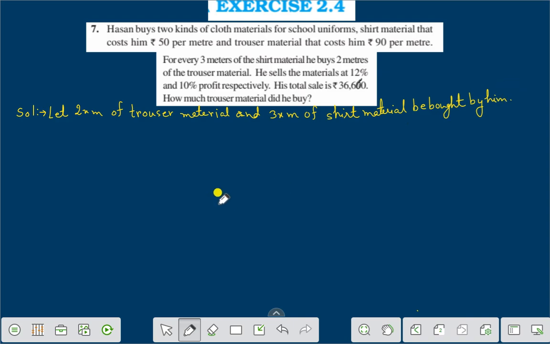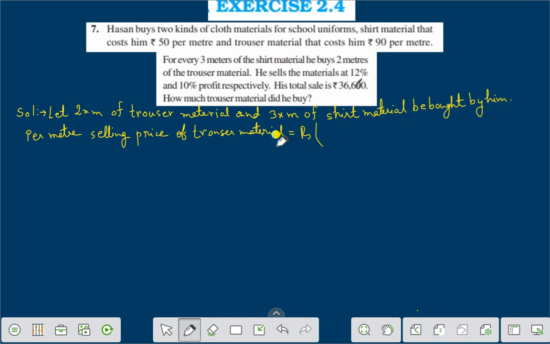Therefore, the per meter selling price of trouser material is equal to rupees... Let's see, it cost him 90 rupees per meter.